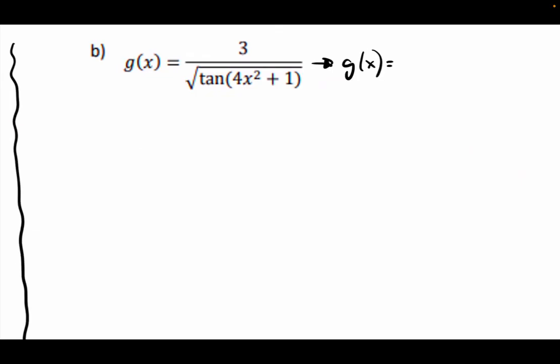So there's 2 things I don't want. I don't want a fraction, and I don't want a root. I'm going to take this one in stages. So the first thing I want to do is change the root to 1/2, because it's a square root.